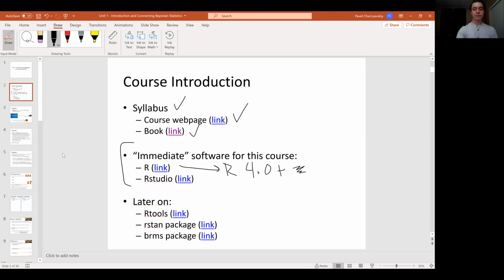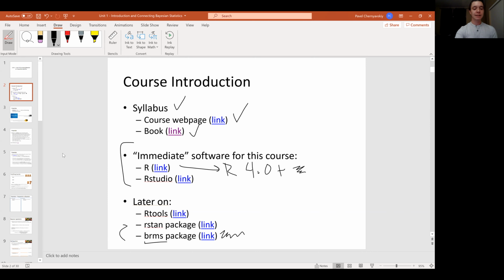That's just a recommendation. Later on, as we progress, I would like to introduce you to useful software that you can use, hopefully, when you leave this course for your research. And so, eventually, we will start to use the brms package, which I think is absolutely a phenomenal package. I've used it a bunch. It's very, very flexible, very easy to use, Bayesian package, of course.